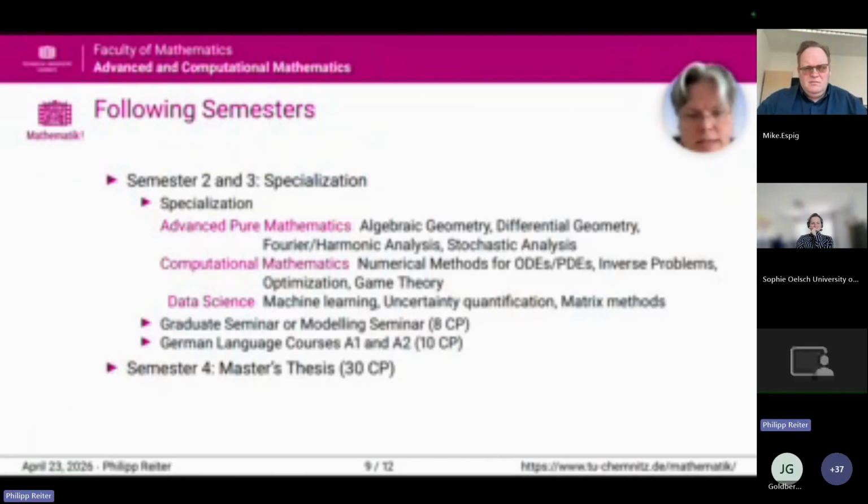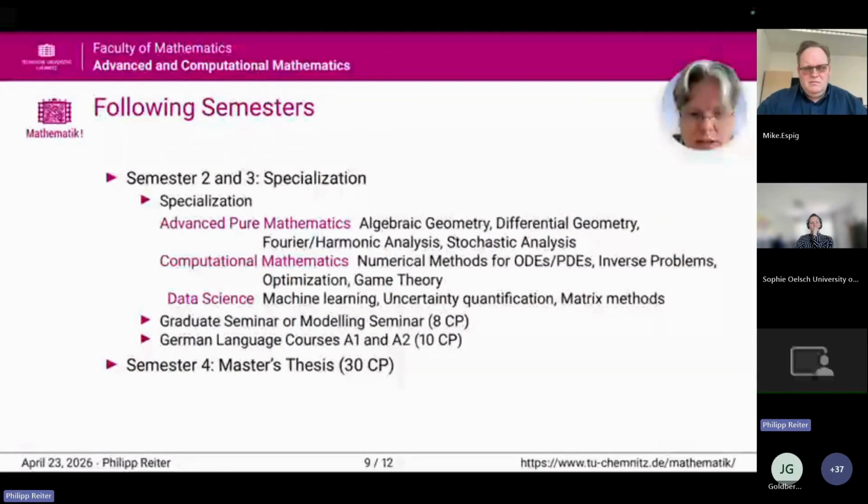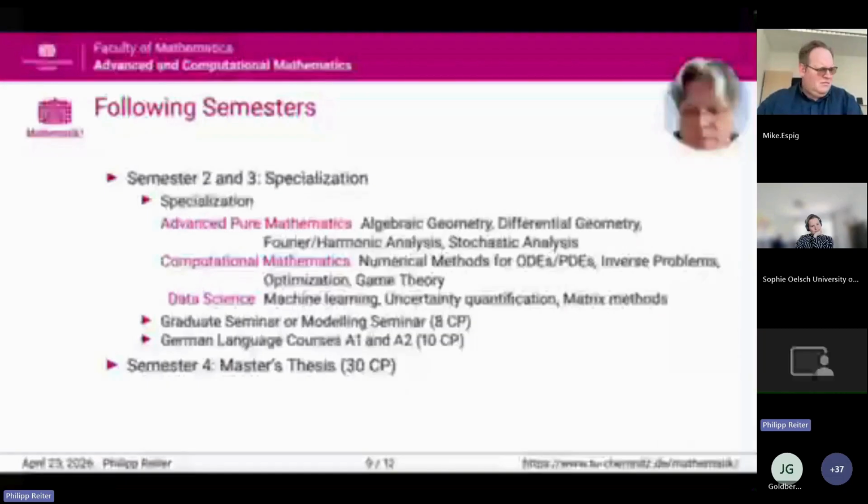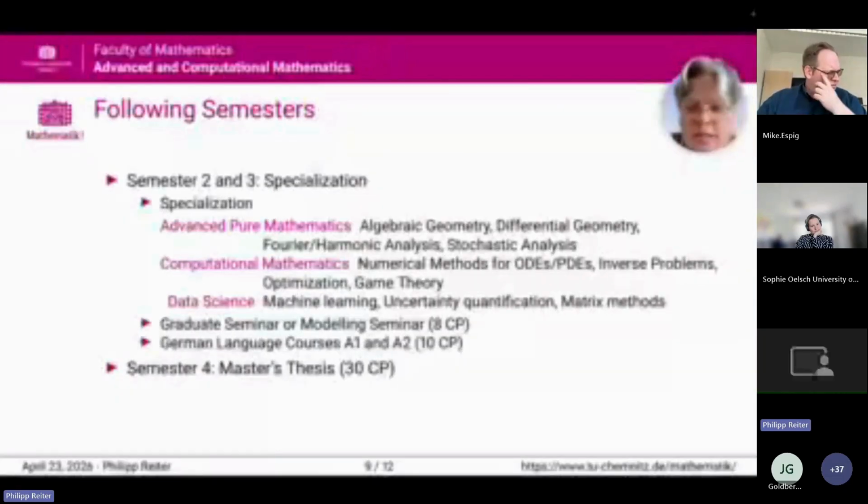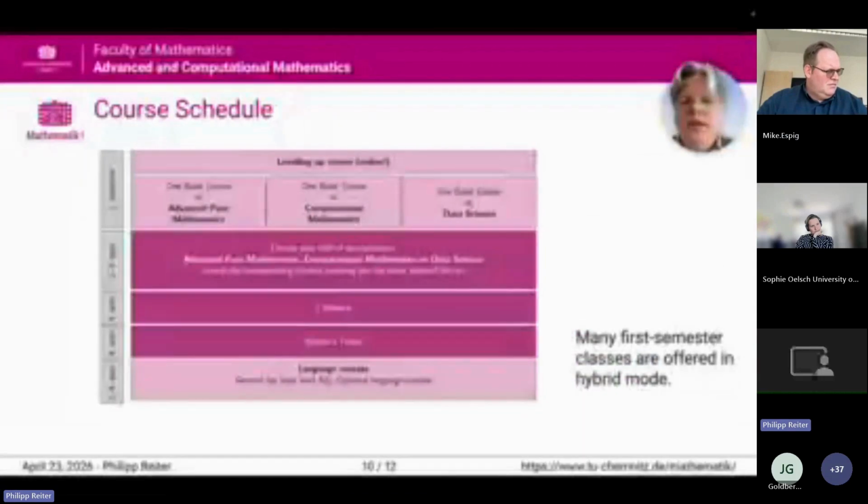At least the level of A2 should be then reached, and in the last semester you can concentrate on writing the master's thesis.